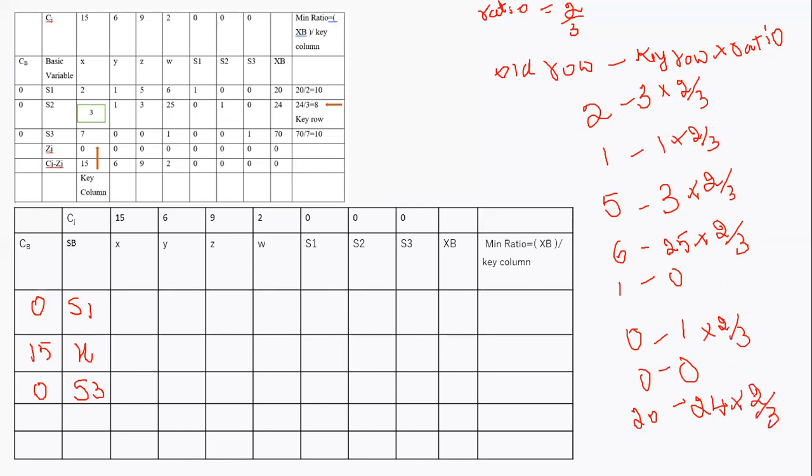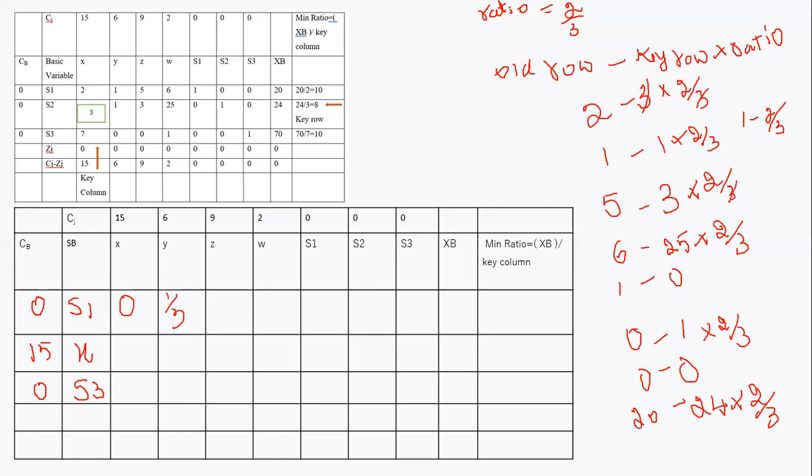With this, we get the new entry as, here 3 will get cancelled. So 2 minus 2, we will be having 0. Here we'll be having 1 minus 2/3. We have to take the LCM here. So 3 minus 2, therefore it will be 1/3.